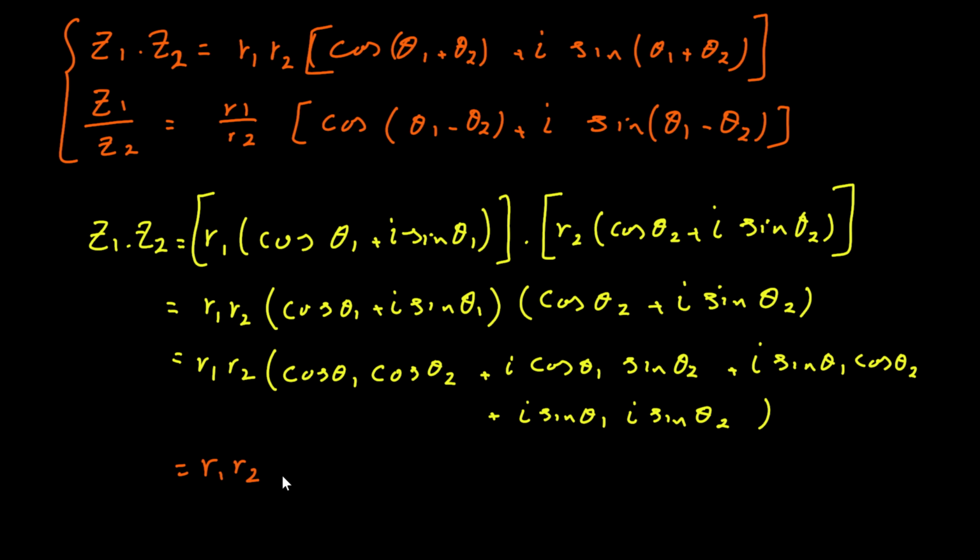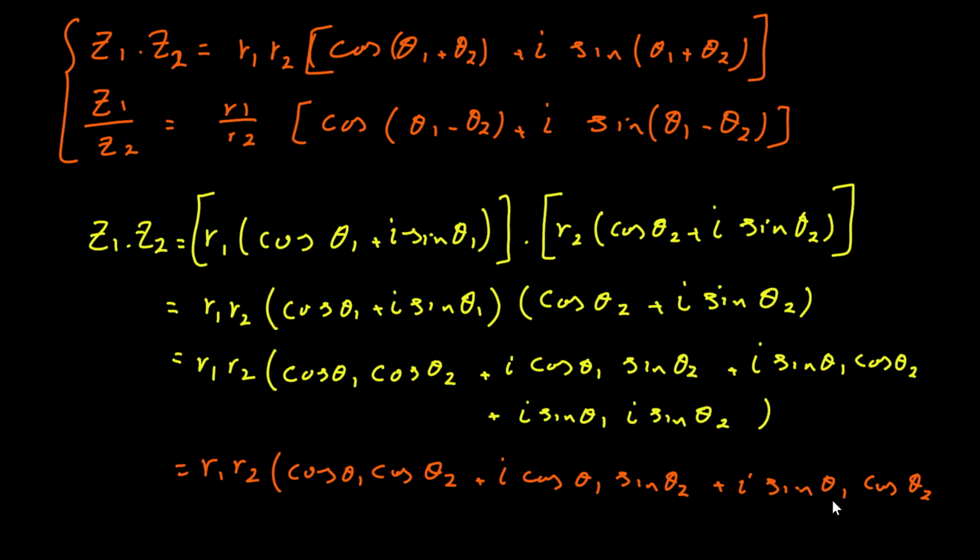So r1, r2, cosine of theta 1, cosine of theta 2, plus i cosine of theta 1, sine of theta 2, plus i sine of theta 1, cosine of theta 2, minus sine of theta 1, sine of theta 2. We said that the i squared becomes negative 1, so I will have a negative value here.